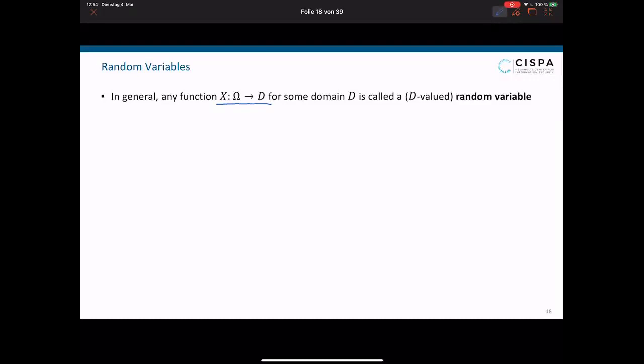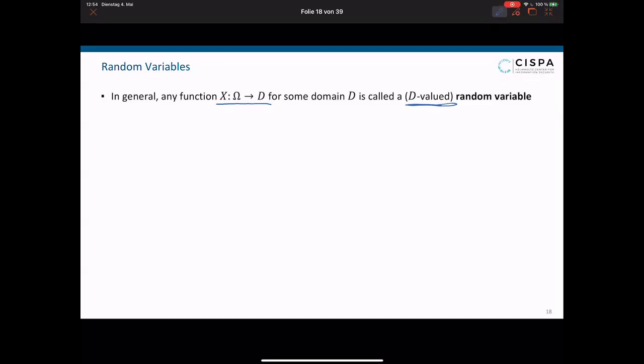We're mapping from our sample space into some other set D, and we call this a D-valued random variable. So such a random variable takes on values in this domain D.